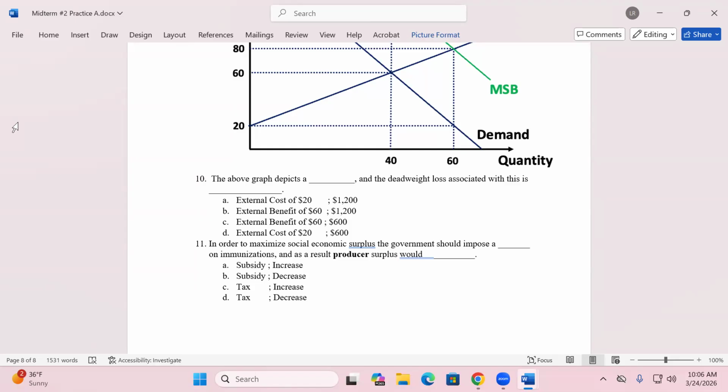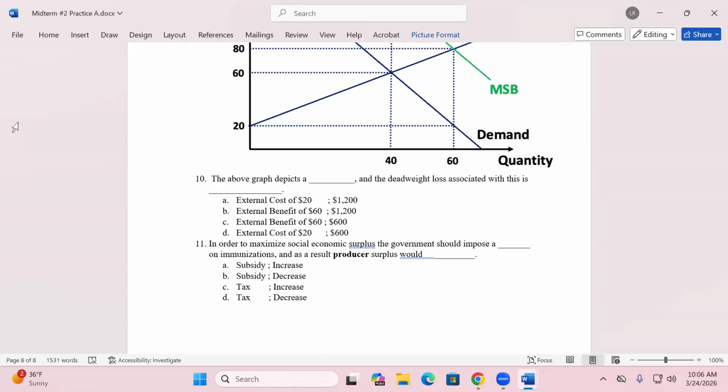So if total surplus, and here we could think about to society, it's always the difference between the marginal benefits and the marginal cost. We're now just focusing on society's marginal benefits and costs. So every unit in this range, if the market produces these units, I'm really producing units that have negative total surplus, or this would be my deadweight loss. Okay. How do I eliminate that? I use a tax. Okay.